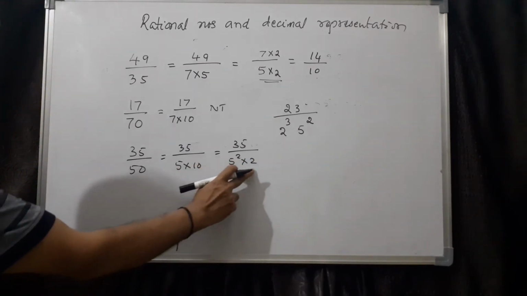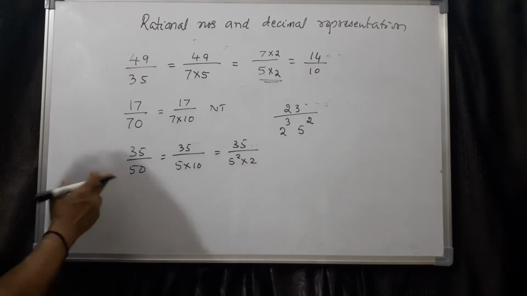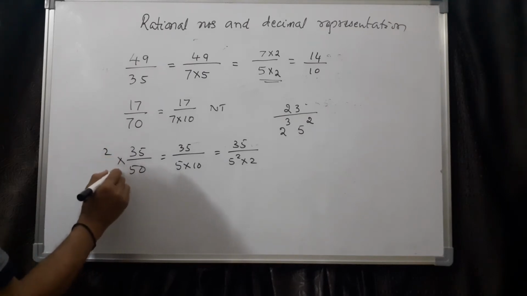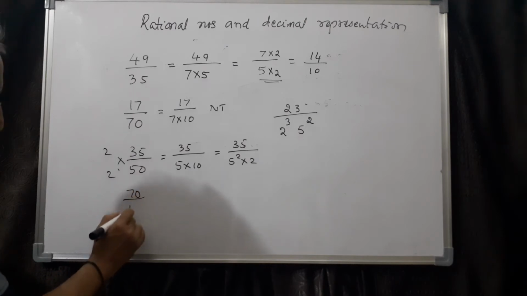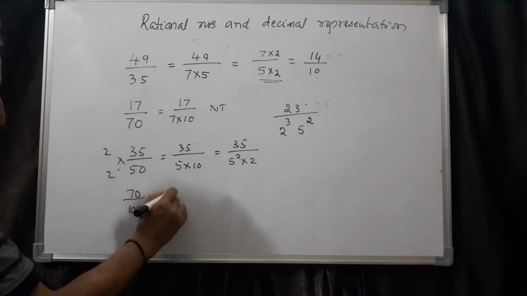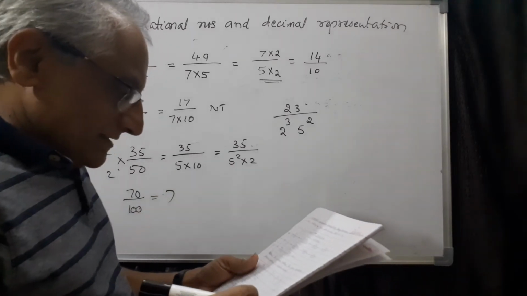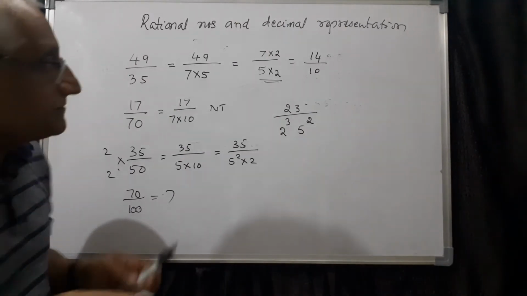Once again it is only in terms of 2 and 5. So terminating. Even you can check, multiply by 2 here and multiply by 2 here, this becomes 100. So it is 70 divided by 100, which is 0.7. So terminating.